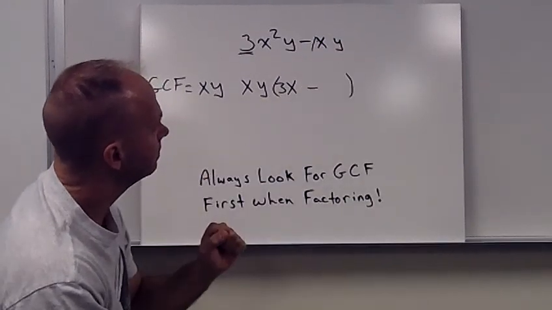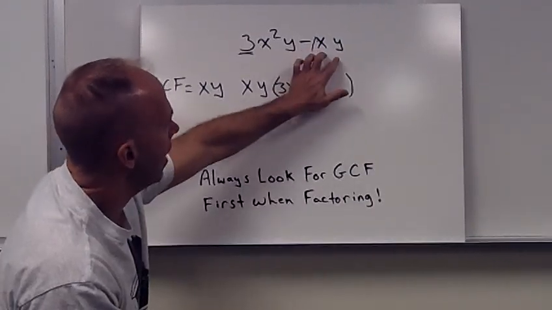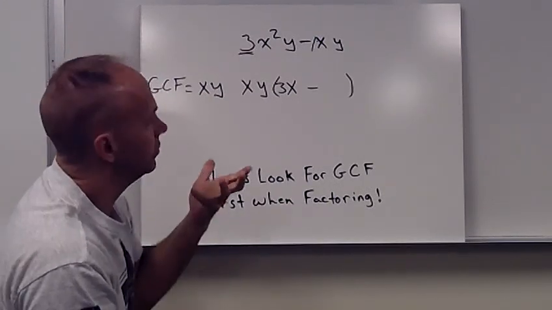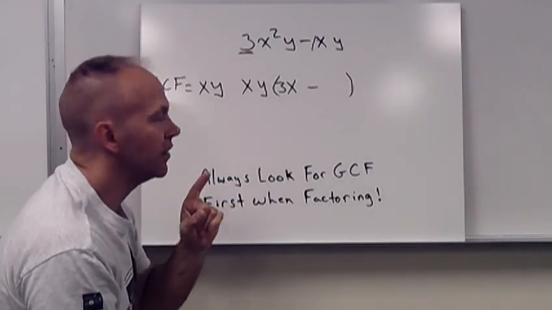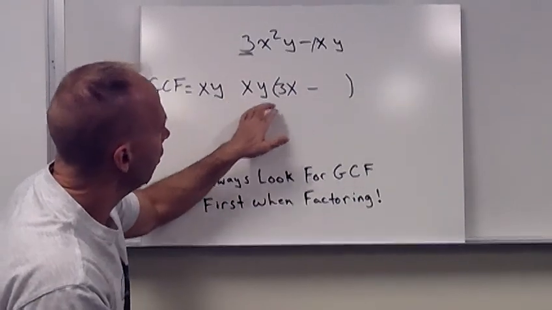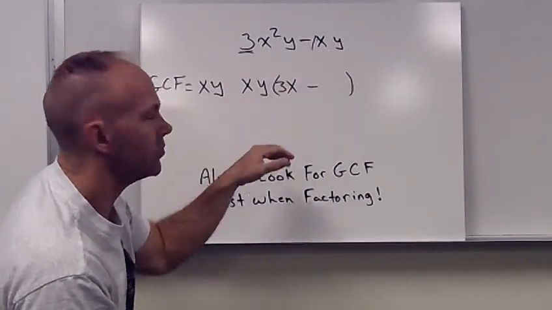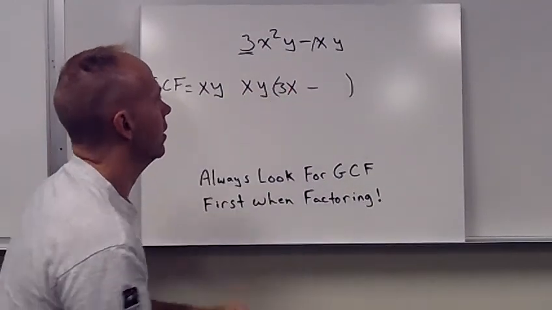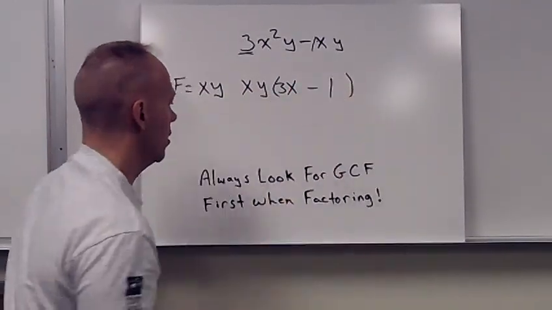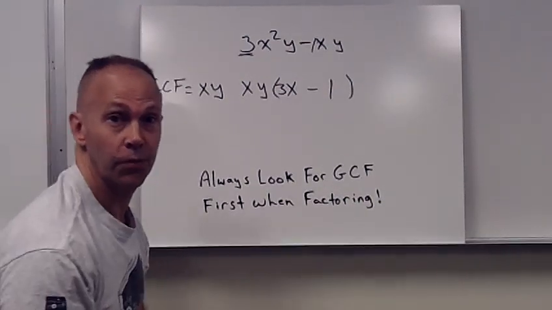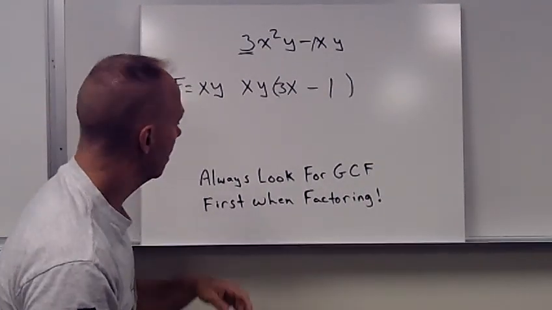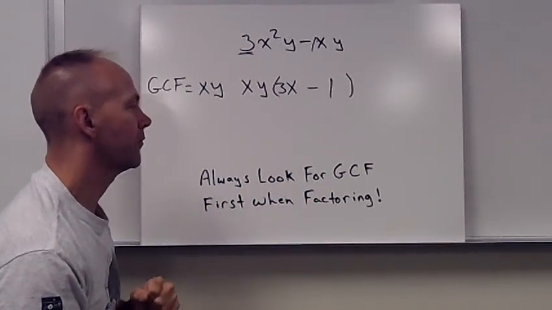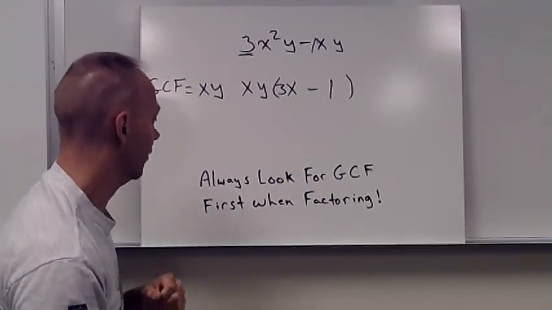Now here, I pull an xy out, and it appears that there's nothing left, 0. But that can't be, because if I multiply back through, I've got to get what I started with. xy times what is xy? 1. There's always at least a 1 left. And reminder, always look for the greatest common factor first when factoring.